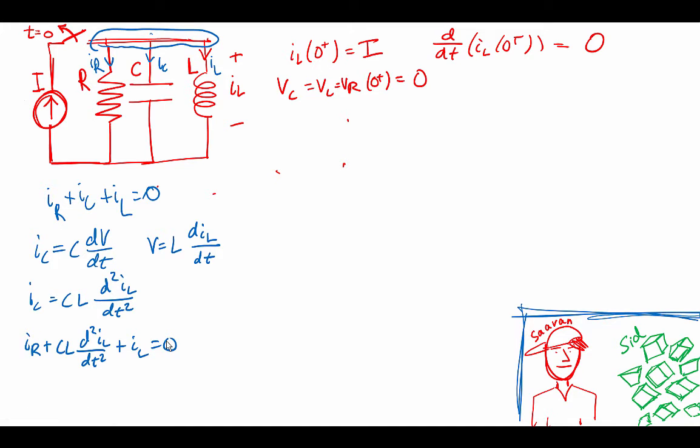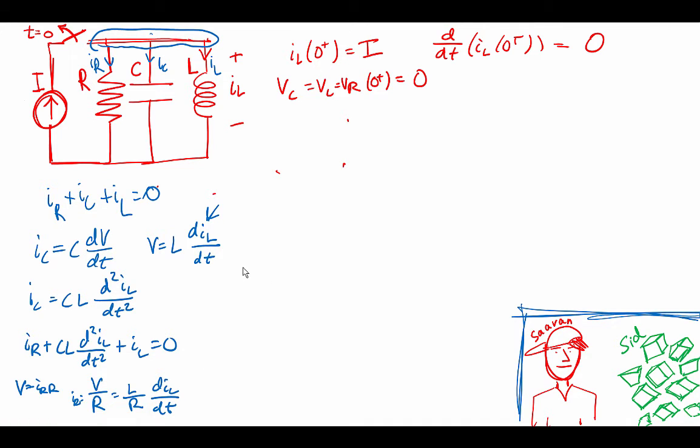What about IR? Well, we're going to have to figure out a way of doing that. By Ohm's law, V equals IR times R. So divide by R, and you have just V over R. Then plugging in our relation for voltage from above, IR equals L over R dIL/dt.